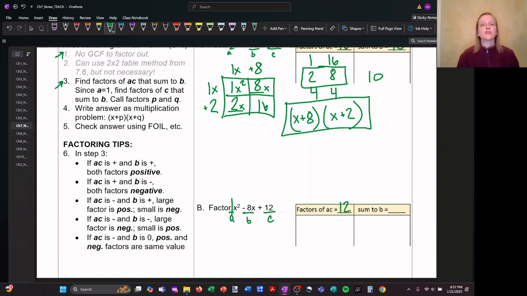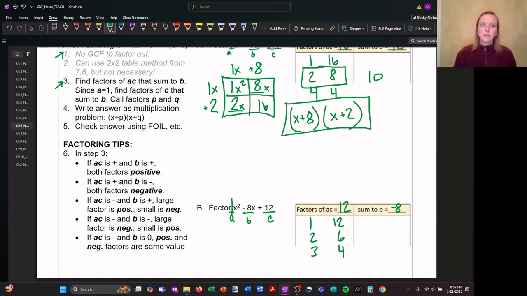And I want those factors to add up to B, which is negative 8. What are my various factors of 12? Well, they could be 1 times 12, or they could be 2 times 6 or 3 times 4. And my factors are close to each other, so I've exhausted my factors.